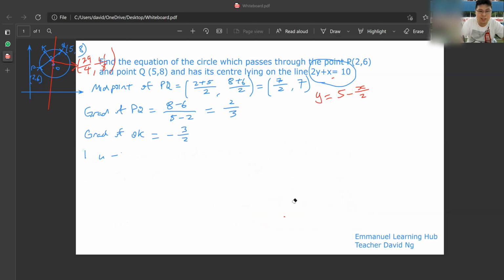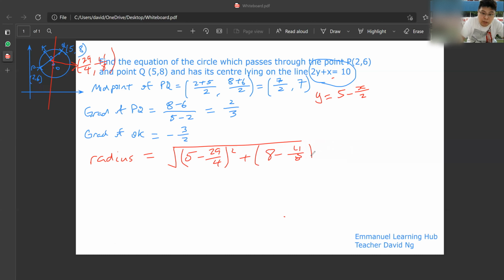So the radius is equal to the square root of 5 minus 29 over 4 squared plus 8 minus 11 over 8 squared.